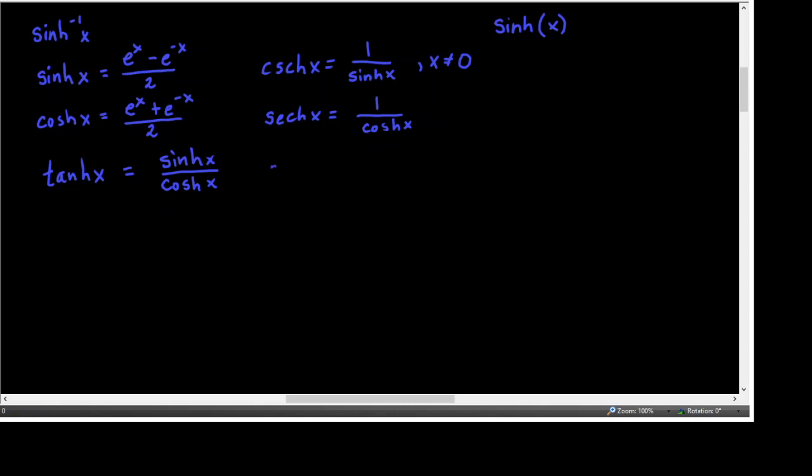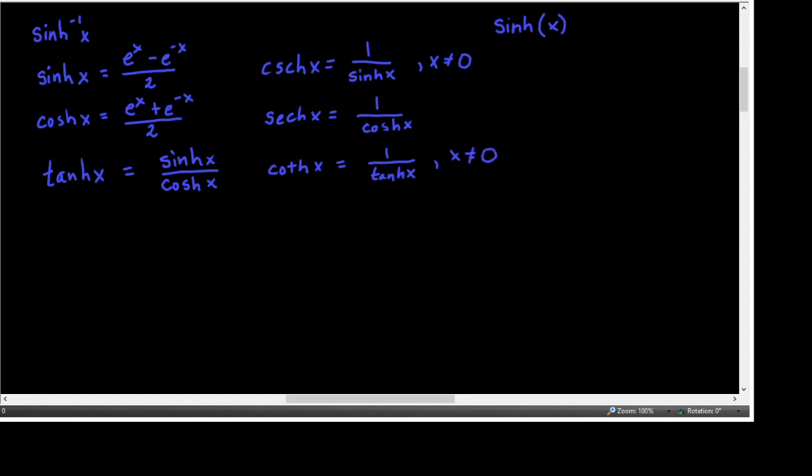And then hyperbolic cotangent of x is 1 over the hyperbolic tangent of x. And we don't want that to be 0. The only way that could be 0 would be if hyperbolic sine of x is 0, which we've already discussed. That happens when x is 0, so we cannot let x be 0. Otherwise, we'll be dividing by 0.